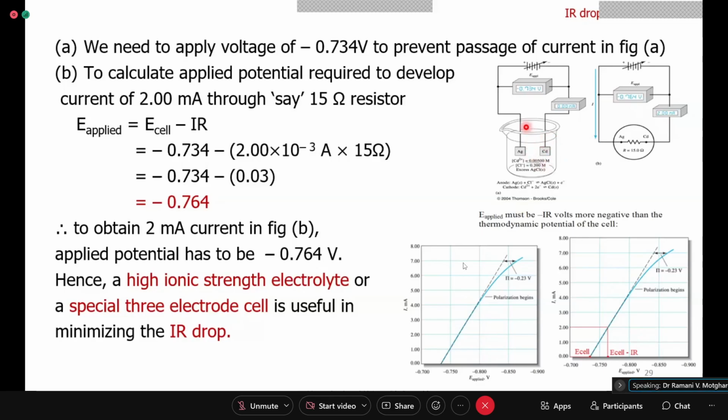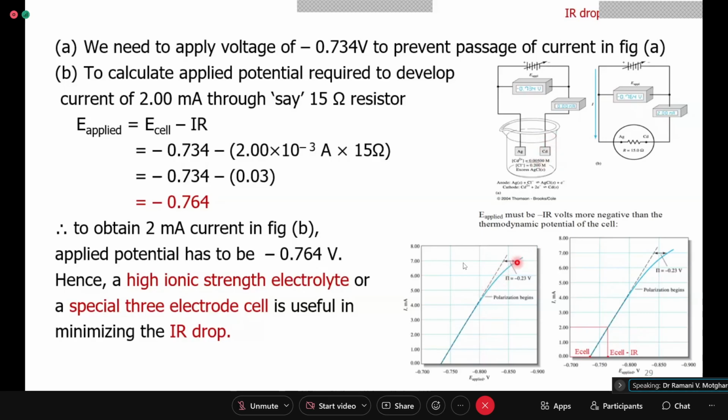It takes some time for the ions from the bulk of solution to approach the electrode surface, and that is why the surface of the electrode gets polarized. It is negatively charged, all the cations in the vicinity are discharged. What is remaining around it is only the negative ions, that is where the polarization begins.